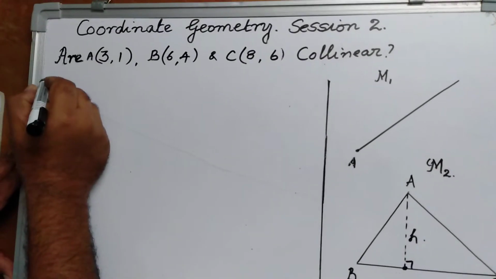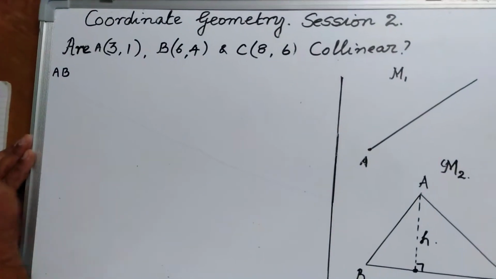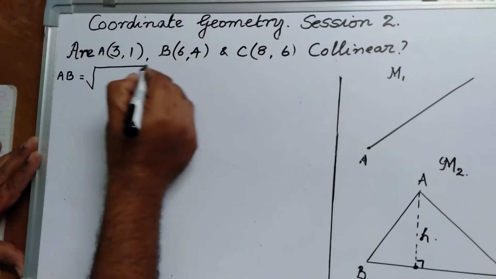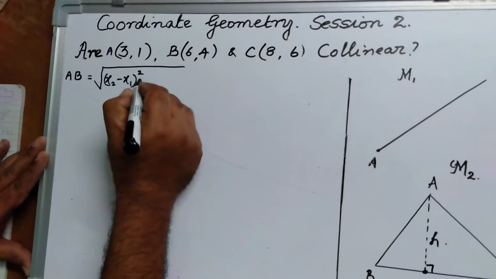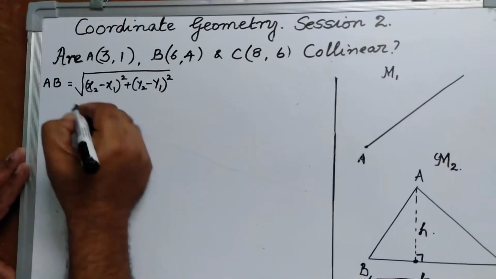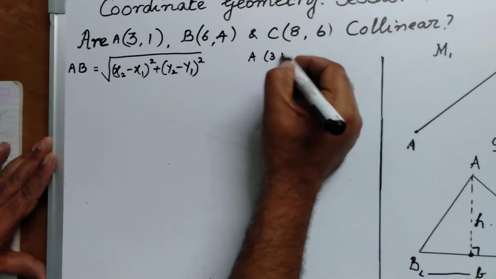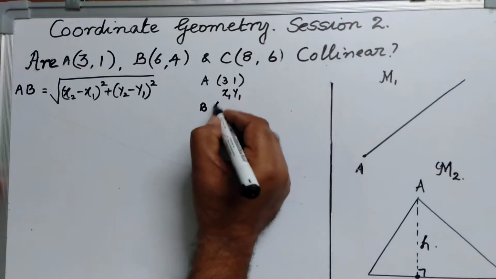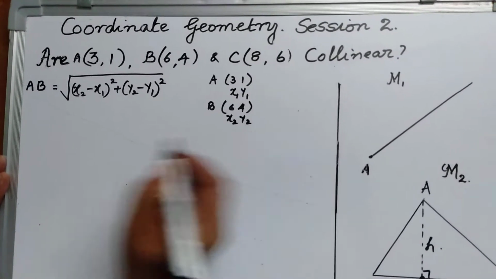So the first part of the problem, I'll find the distance between A and B by using the formula square root of (x2 minus x1) whole square plus (y2 minus y1) whole square. A corresponds to (3, 1), taken as x1 y1, and B corresponds to (6, 4), taken as x2 y2.